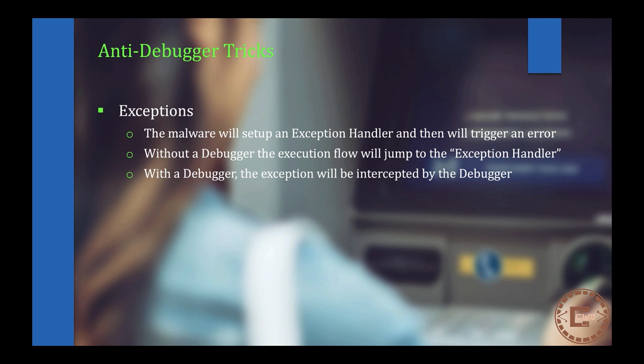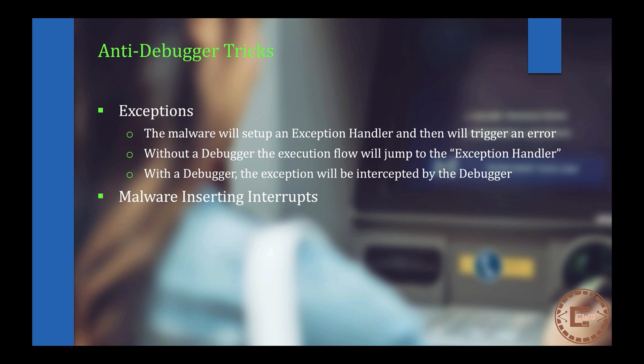And the exception handler created by the malware authors has the malicious code waiting to be executed. But since it was intercepted by the debugger, it never hits the malicious function, and therefore it never executes the malicious code. Pretty cool trick also.